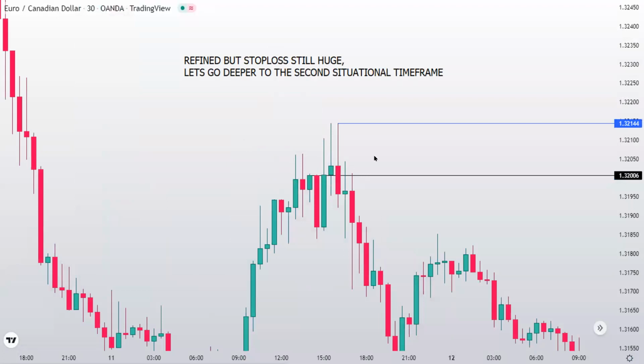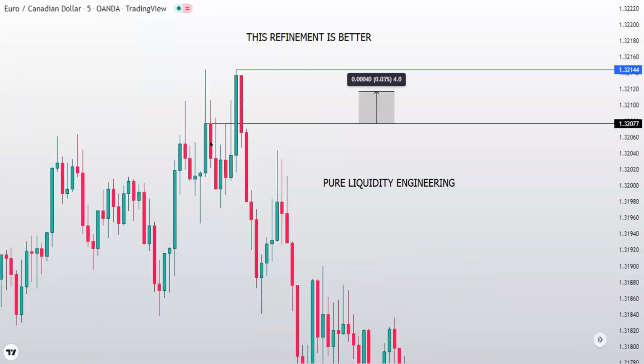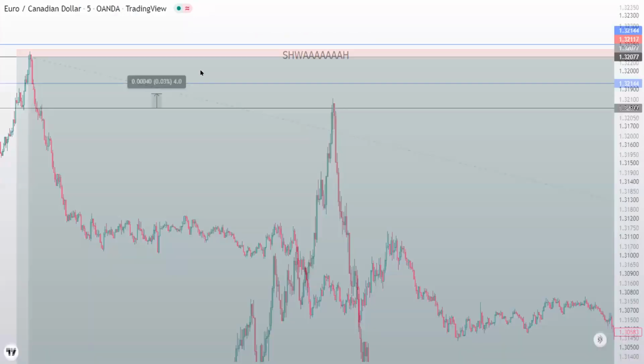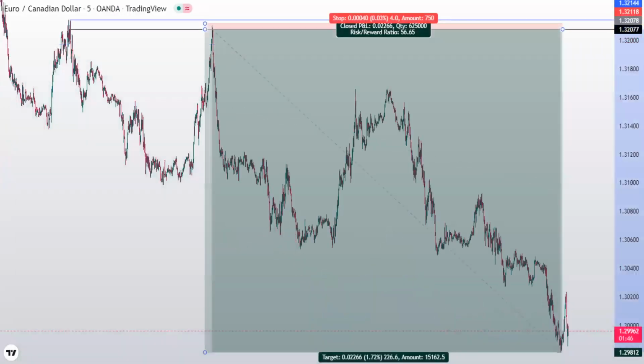But if I go deeper for the refinements, this was my liquidity engineering on 5 minutes time frame, but it was also a liquidity inducement, or it was also a normal liquidity engineering. Also, it gave a lot of confidence for us to take this entry. The market later on comes, taps into the entry point, as you can see. Then the market continues to go down almost 220.